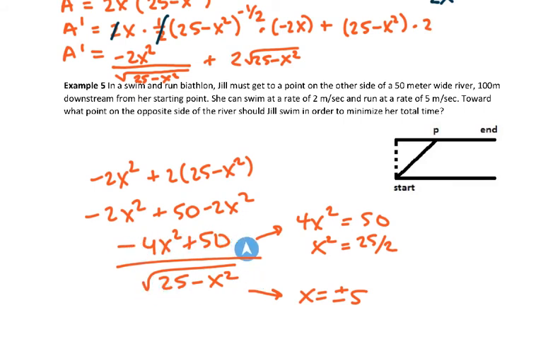So if you find where this equals 0, you're going to end up getting x equals plus or minus the square root of 25 over 2, which is gross. But if you do it in your calculator, you're going to get the same thing. You're going to get approximately 3.536. And we don't really need the negative one because that doesn't really make sense with how we've drawn it.